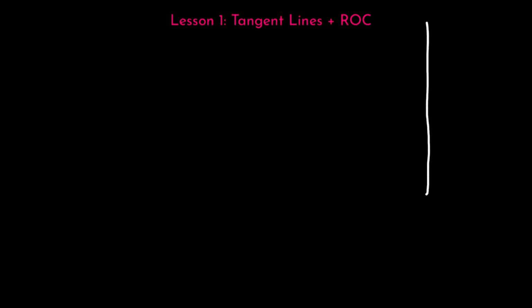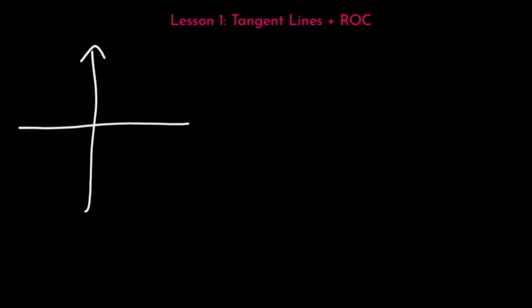So a tangent line, if we have a graph f of x, right, on the xy plane, and it looks like, here, let's just start out with an easy one, a parabola, upside down. And I want to find the tangent line. The tangent line is the instantaneous slope at a given point, right?